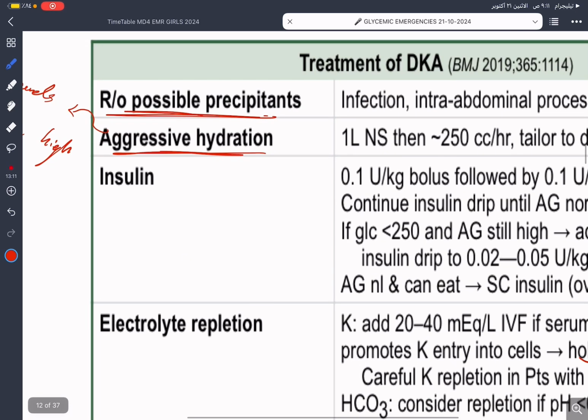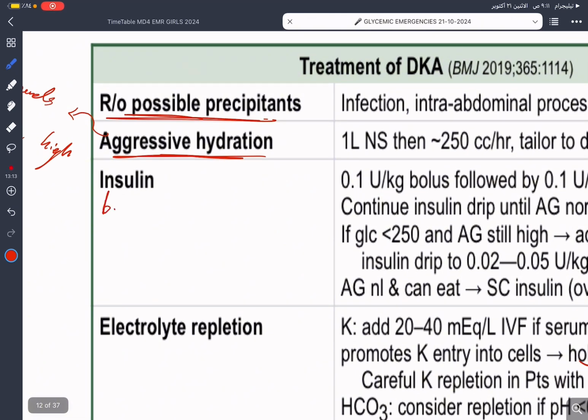If the potassium level is between 3.3 and 5.3, you can start the insulin infusion, but you should add potassium to the IV fluid. Usually we give 20 to 40 milliequivalents per liter. So each liter bag of normal saline will have 20 to 40 milliequivalents of potassium, and we'll continue it as an infusion.